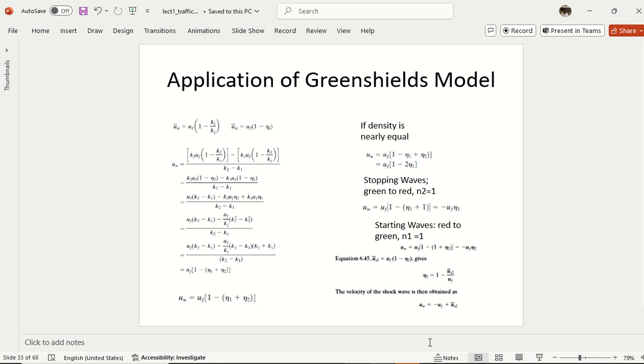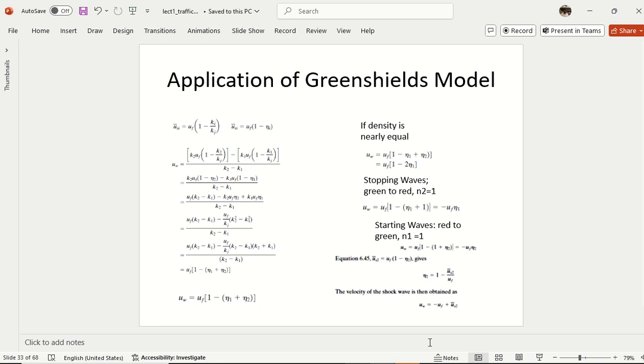Now, if the densities are nearly equal, if K1 is almost equal to K2, that means what? Eta 1 is almost equal to eta 2, because Kj is a constant, right?